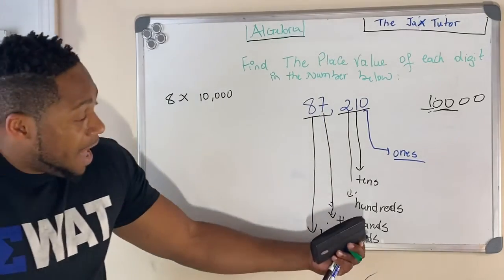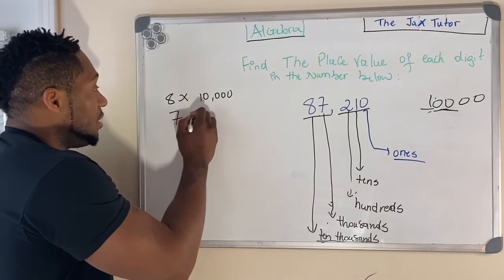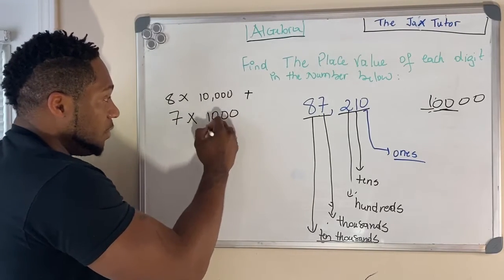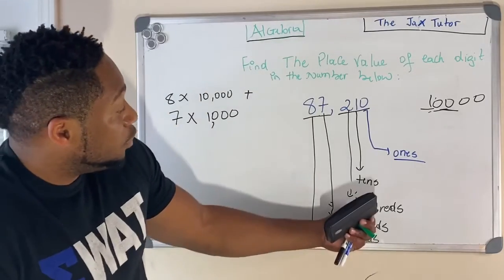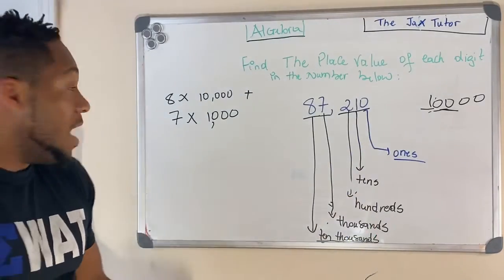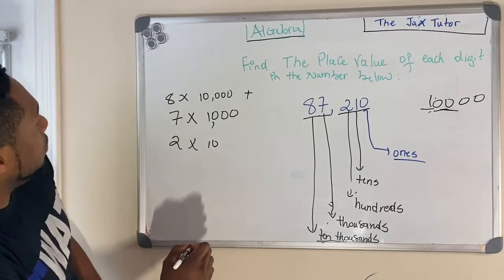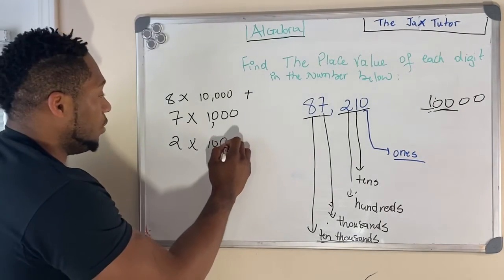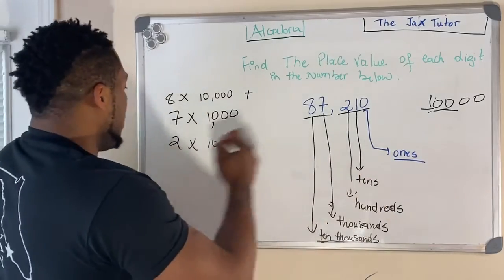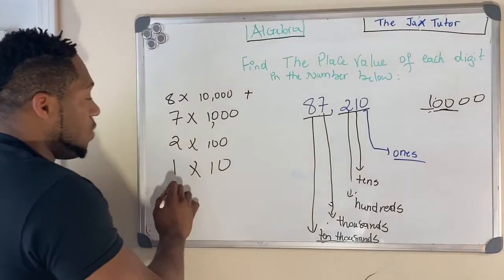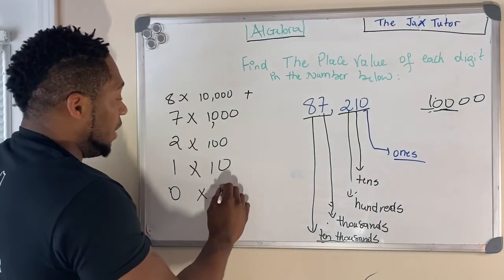There's 7 at the thousands place value, so 7 of those. There's 2 at the hundreds place value, 2 times 100. There's 1 at the tens place value, and there's 0 at the ones place value.